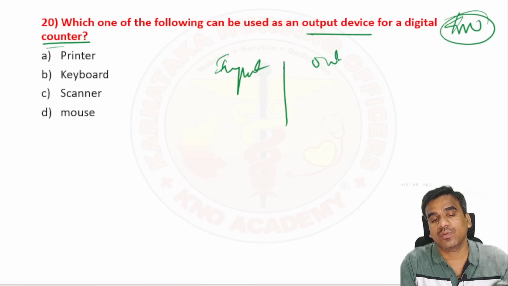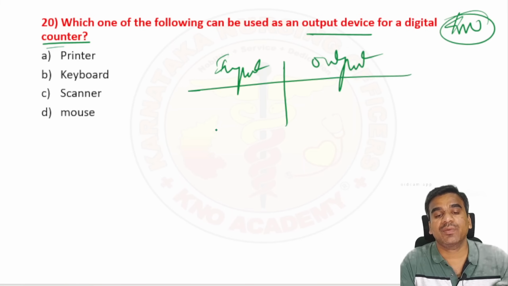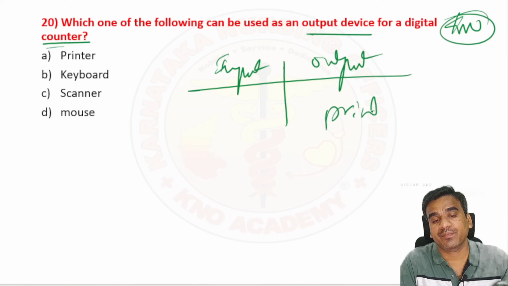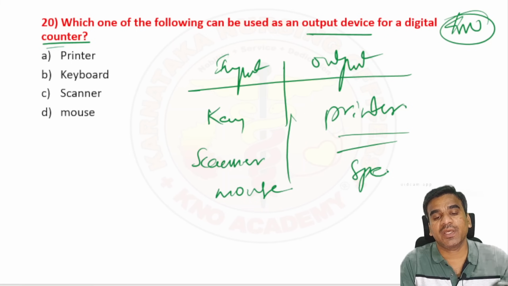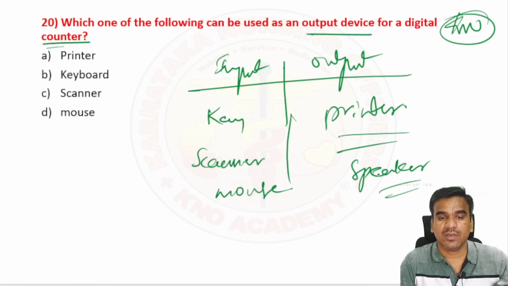Here we can see the printer is an output device. Keyboard, scanner, mouse, everything will be input only. So output will be printer, speaker. Like this are the output devices. So here the right answer will be printer.